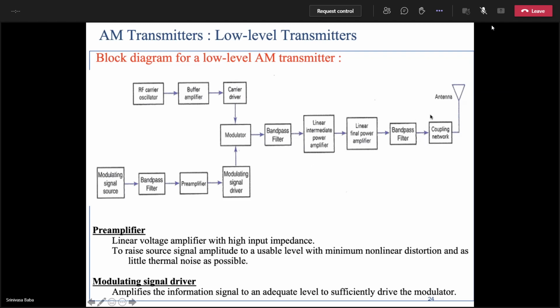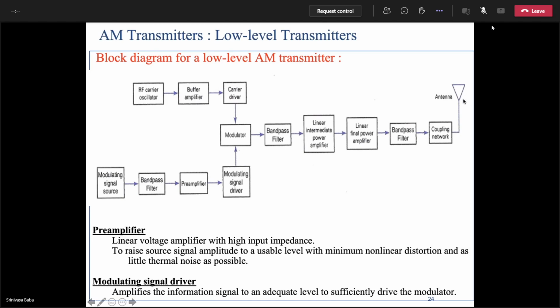This is mandatory. A coupling network is a matching device that matches the antenna impedance with the output impedance of this band pass filter. The output impedance of the band pass filter is, say, Z, and the antenna input impedance is, let us say, ZA.